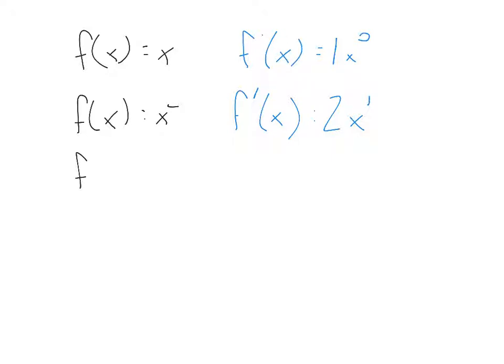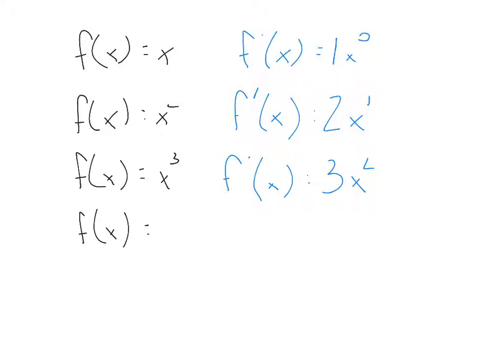When my function was x cubed, the derivative was 3x squared. If we did x to the fourth, the derivative is going to be, I know we didn't do it, but the derivative is going to be 4x cubed, and hopefully you can follow that pattern.